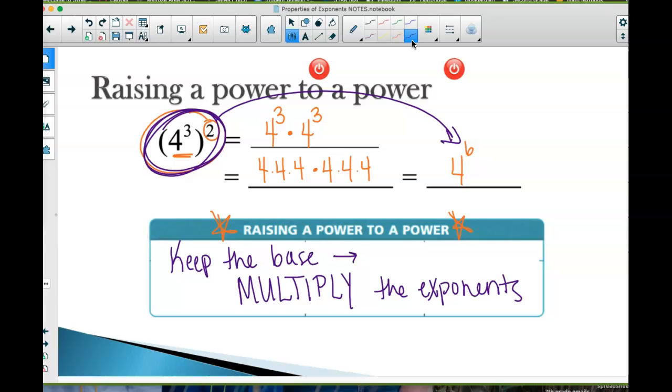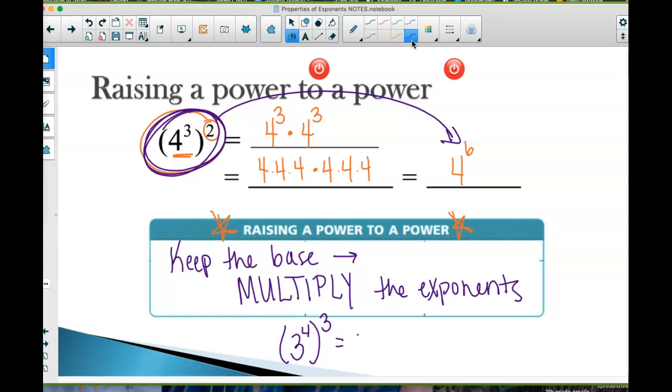I'll give you a second to write that down, and then we'll do a few examples. If you want to put one example in your notes, these are going to be problems that look like this: 3 to the fourth power to the third power.